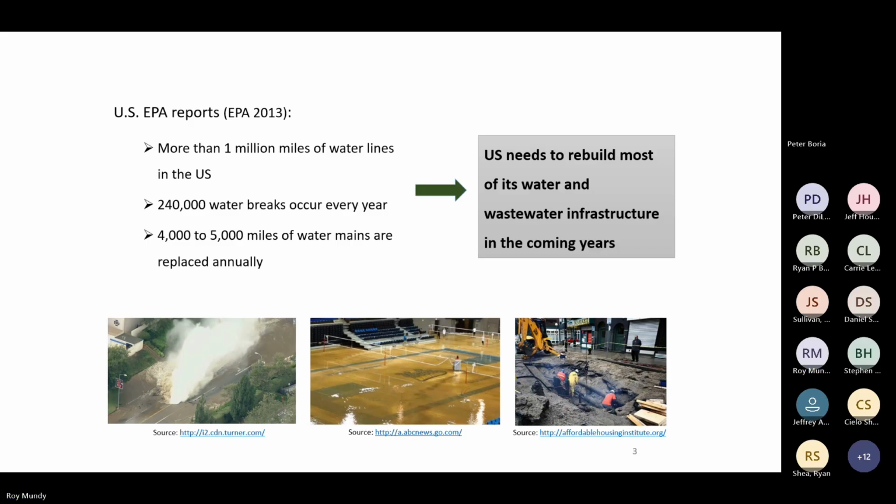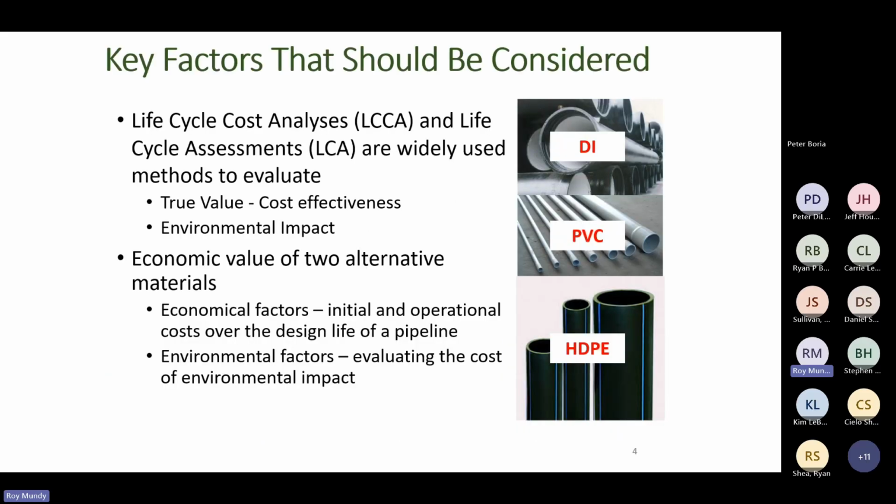And the fact is that when that replacement continues to become more and more necessary, we want to make sure that we put in the proper materials in the ground so that our children and our grandchildren are obviously going to enjoy the effects.